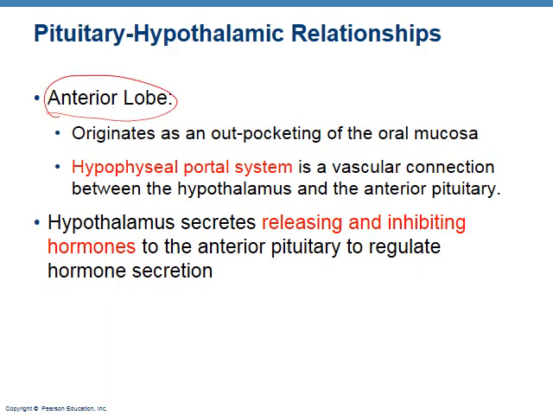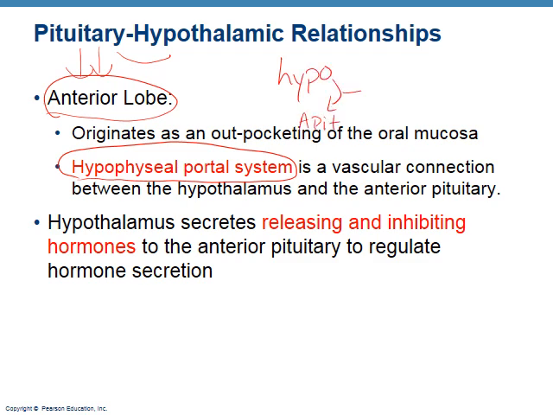Now we're moving on to the anterior lobe of the pituitary. And this relationship between the anterior pituitary and the hypothalamus is connected by something called the hypophyseal portal system. So remember, if you're going from the hypothalamus to the anterior pituitary, you're doing that by way of blood flow.